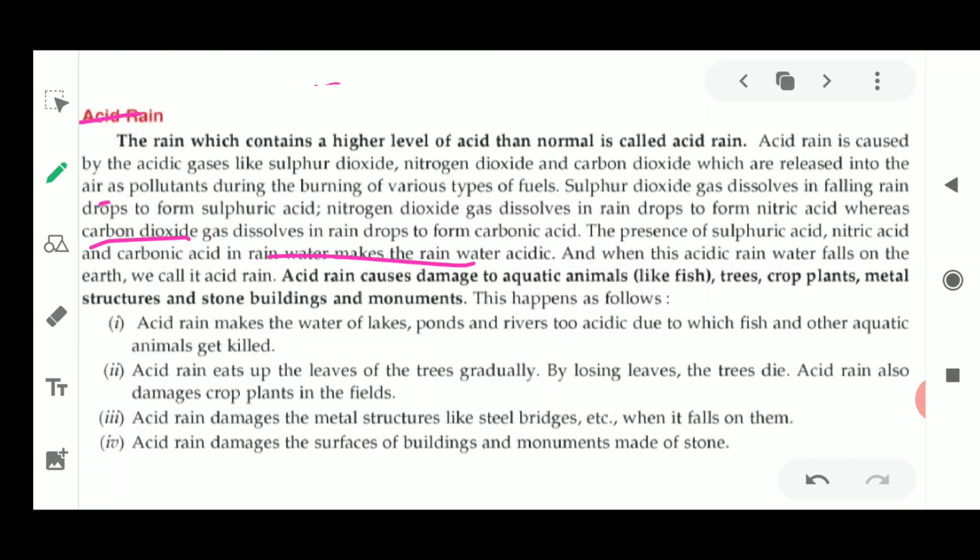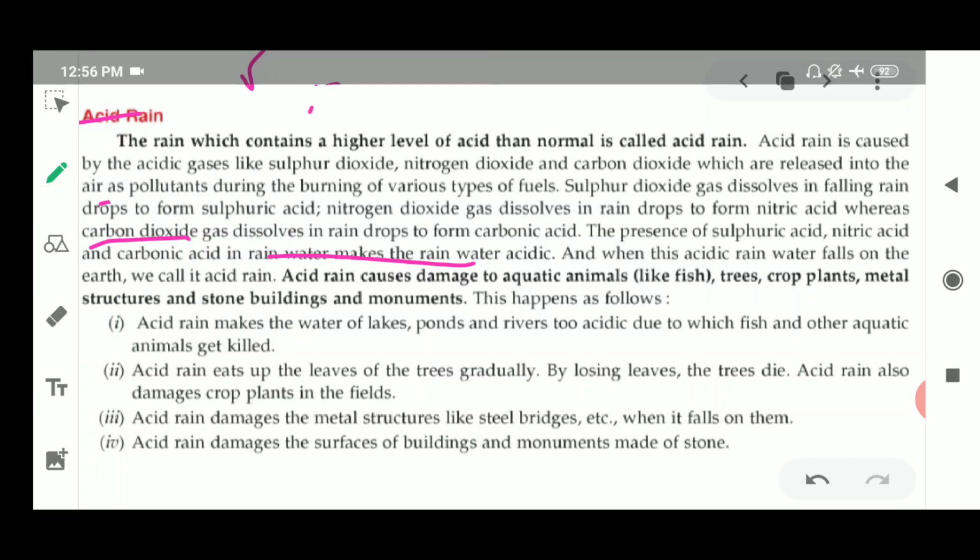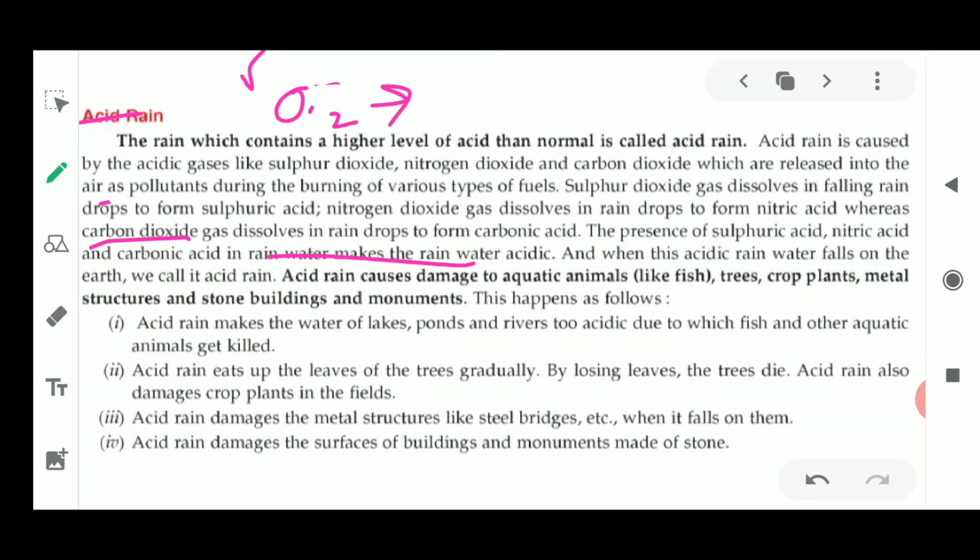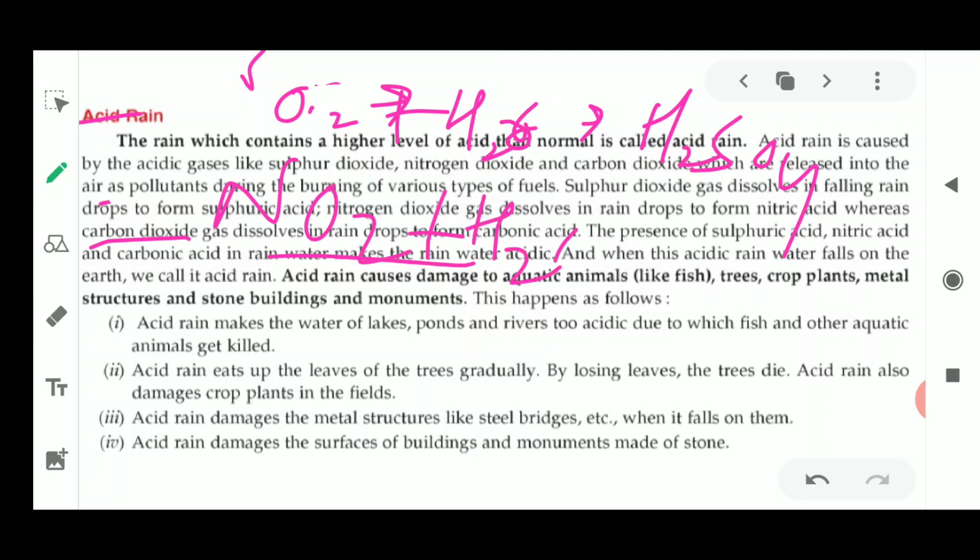So sulfur dioxide reacts with water and forms sulfuric acid, H2SO4. Nitrogen dioxide reacts with water to form nitric acid, HNO3.